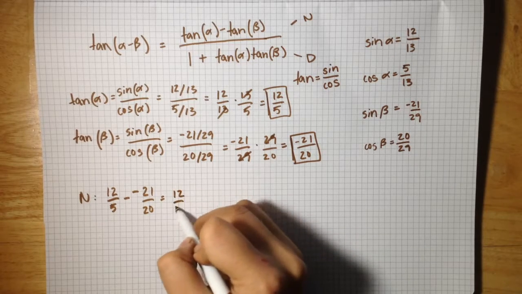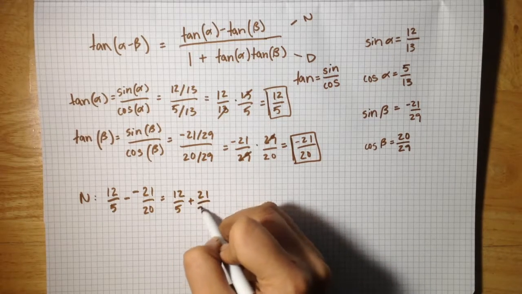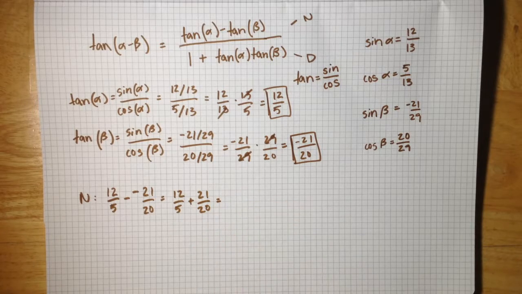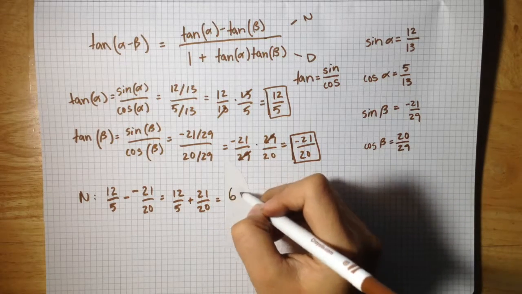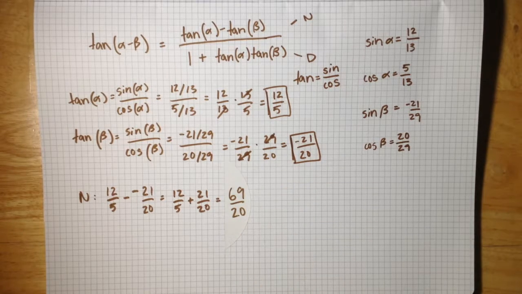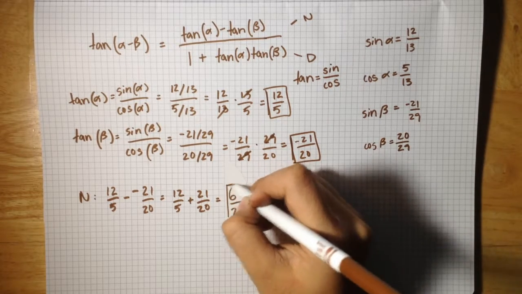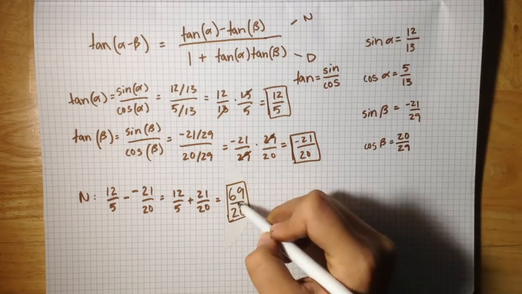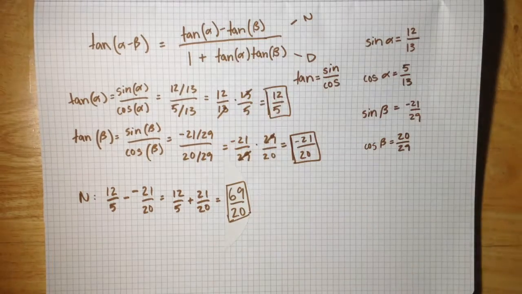We get 12 over 5 plus 21 over 20. And putting it into your calculator, you get 69 over 20 as your final answer for what the numerator value will be.